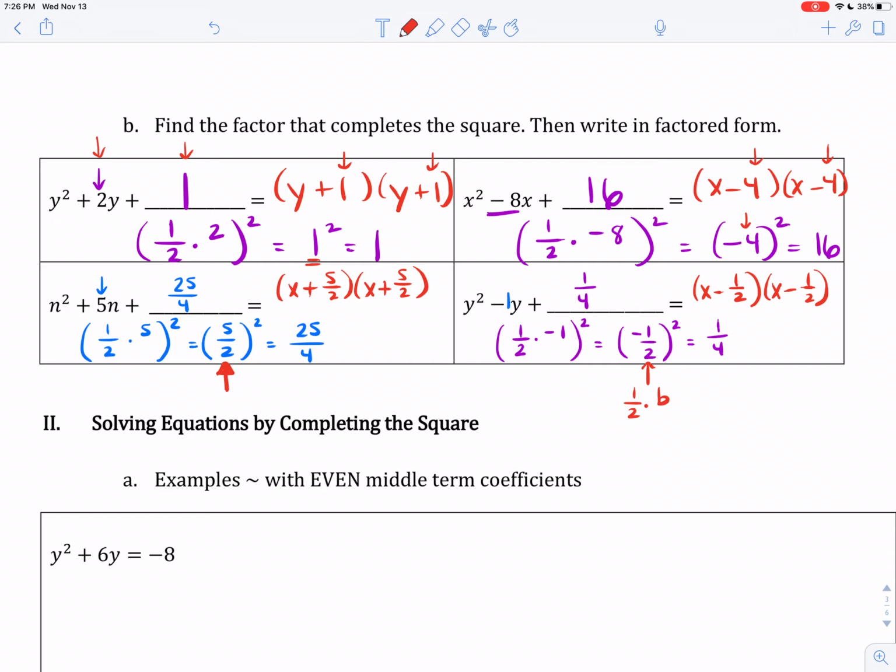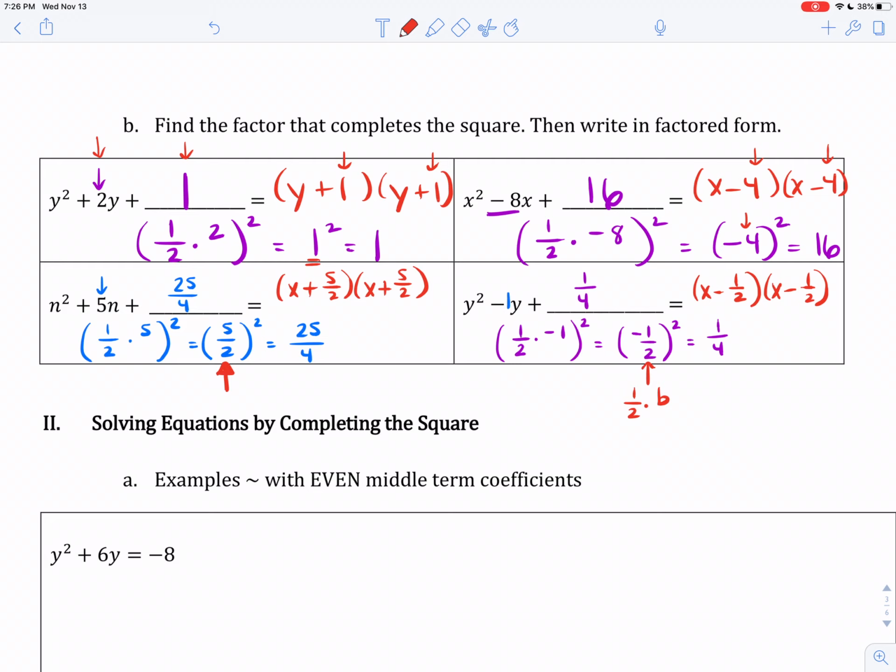All right, so again, this is called completing the square because all we're doing is adding a number that will create a perfect square trinomial when we factor. Now, when we do this to an equation, we end up with something in a format where we can solve using the square root property.